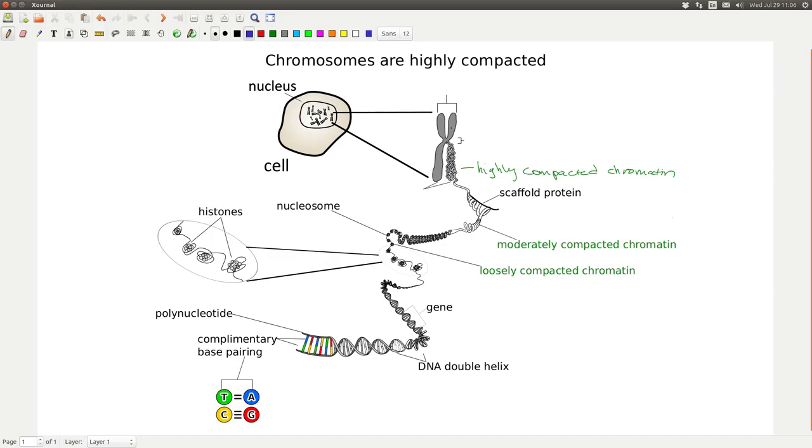So this entire structure is a replicated chromosome, or you may also hear it referred to as a duplicated chromosome. A replicated or duplicated chromosome is made up of two identical copies of DNA and their associated proteins. Each copy of DNA is called a sister chromatid.